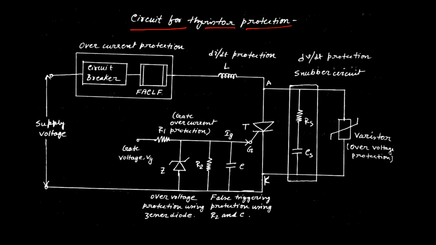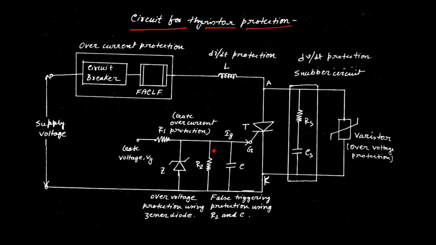Now the question is for gate protection. As I have discussed before, in the case of gate protection, this capacitor is there, which can protect against false triggering, and to protect the gate from being damaged permanently.